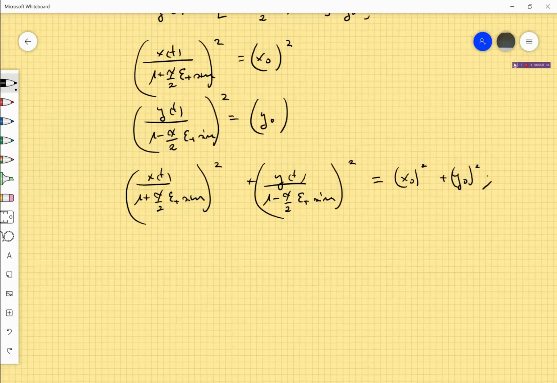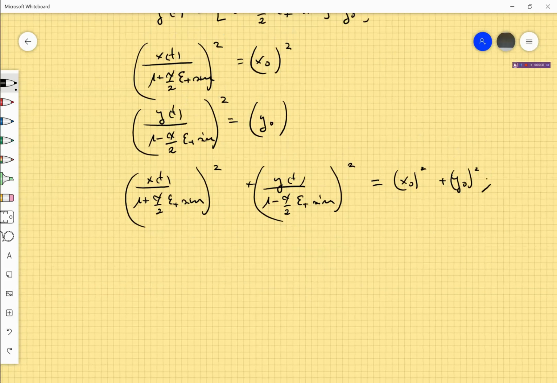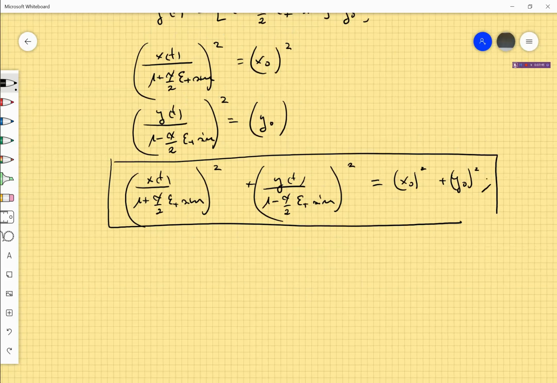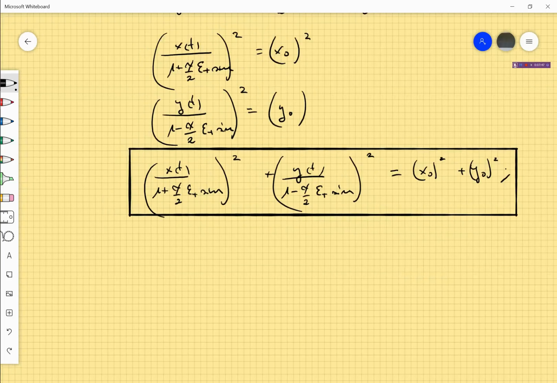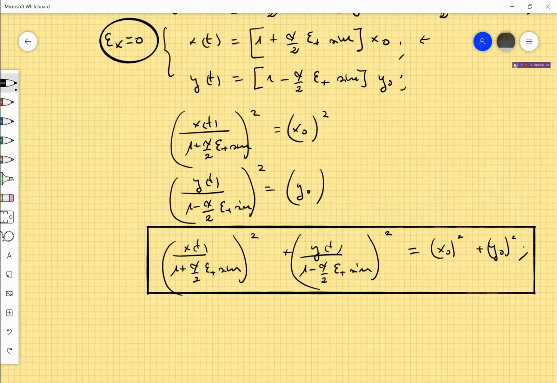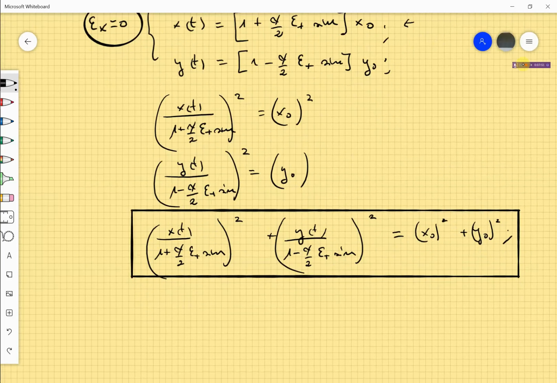Okay, so let me keep this result and then we will interpret it, or do something to visualize what this means. And now I will consider the case epsilon plus equal to 0.